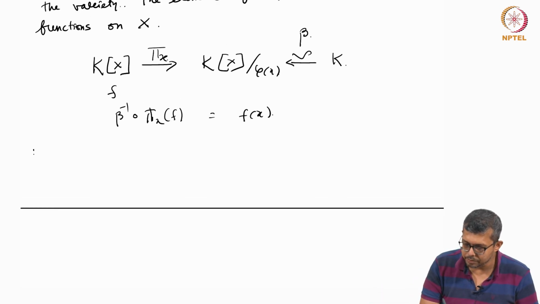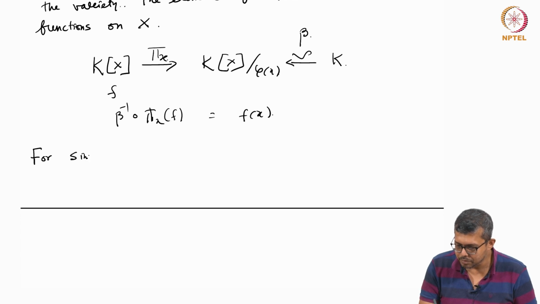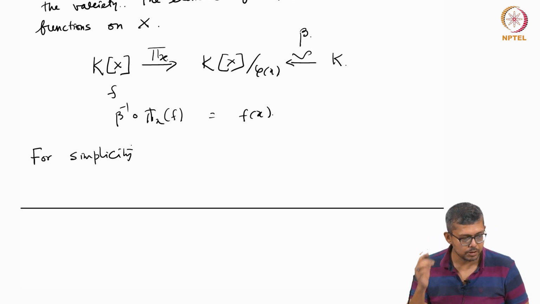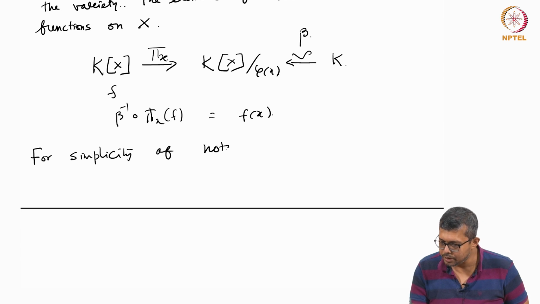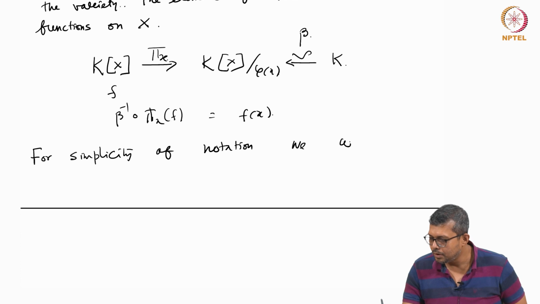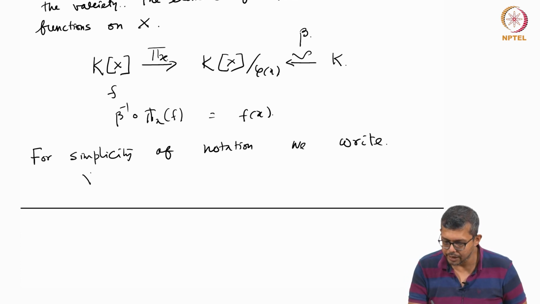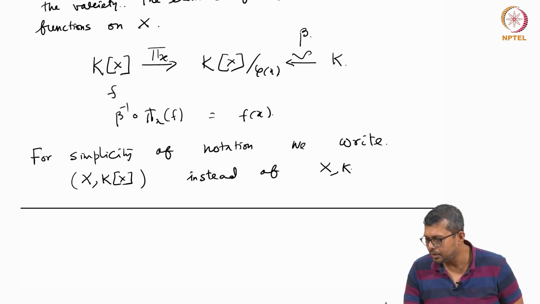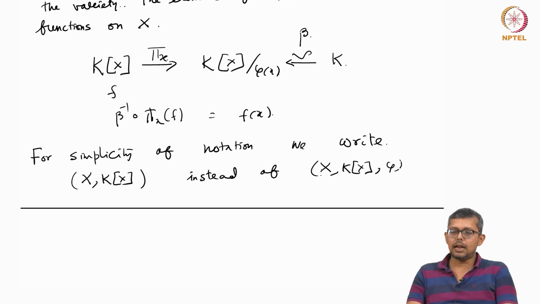So, for simplicity of notation, we write x, k x instead of x, k x, pi x. So, an abstract algebraic variety is this pair of a set x and a finitely generated algebra kx, giving an algebraic structure on x.